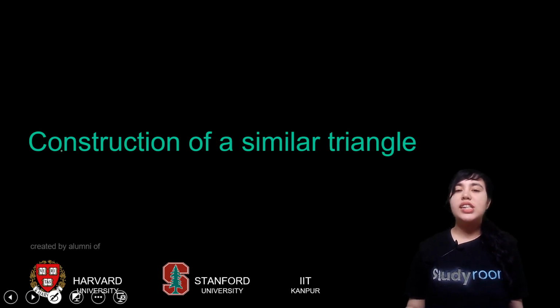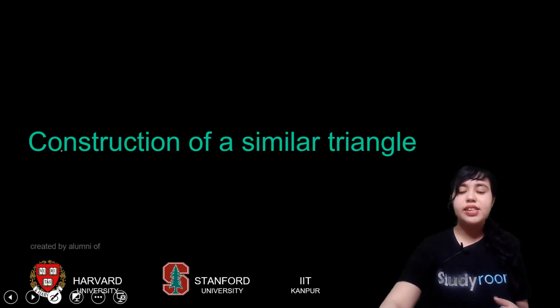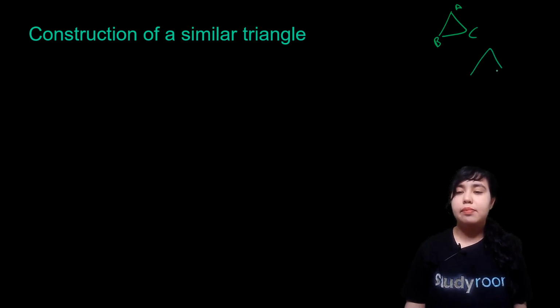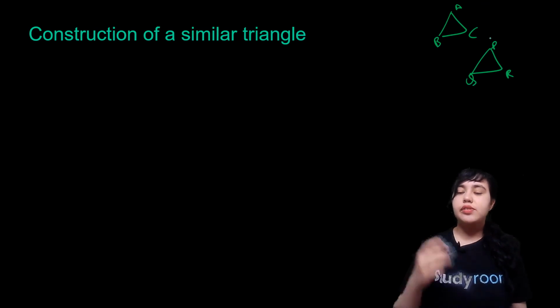So now we'll construct similar triangles. For that, let's quickly see what similar triangles are. If I give you a triangle ABC and I say that you have to prove a triangle PQR similar to this triangle, while proving it, I gave you some similarity criteria in the previous chapters.